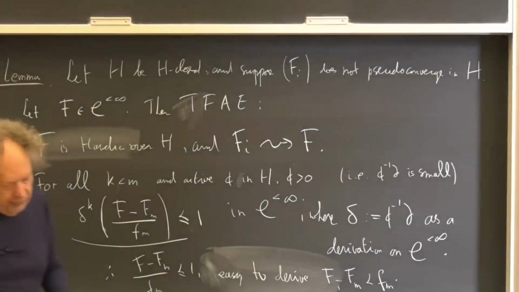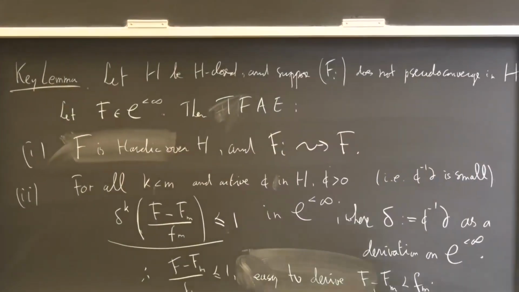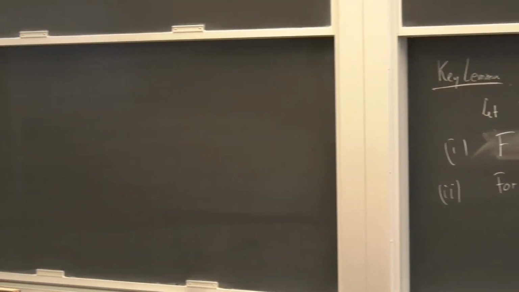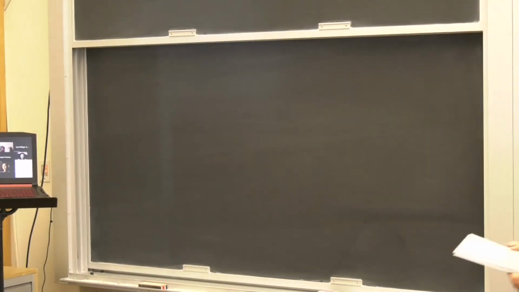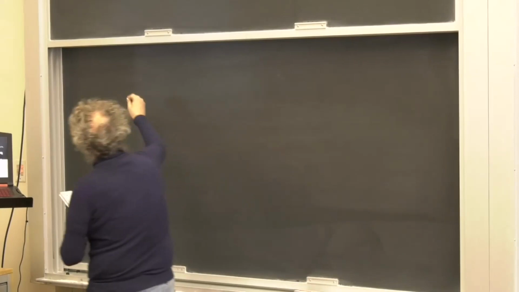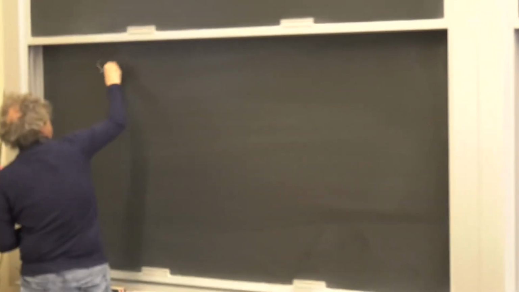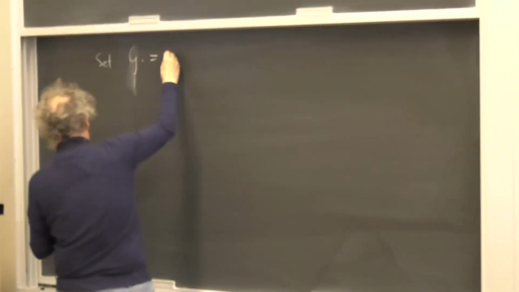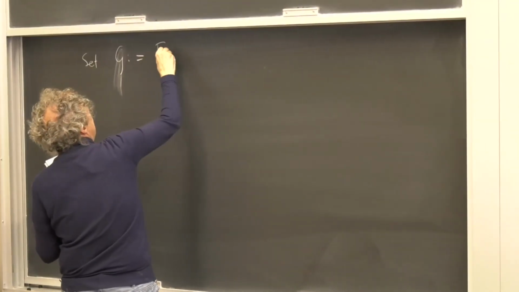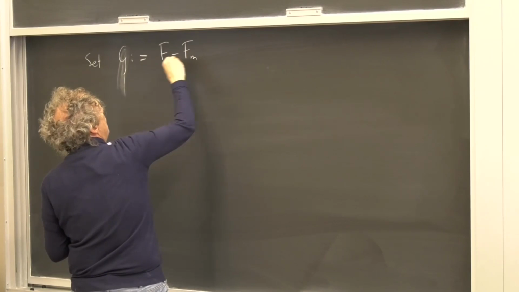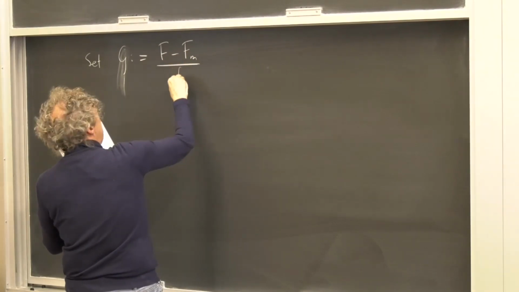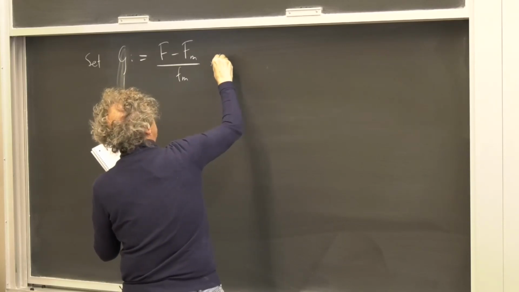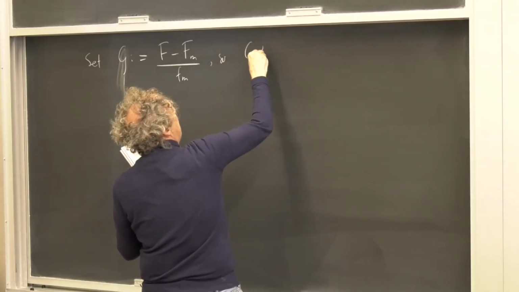So what is it that we have to plug in there for y? F. Yeah. So here we set capital G equal to F minus Fm divided by little fm. So G is bounded.